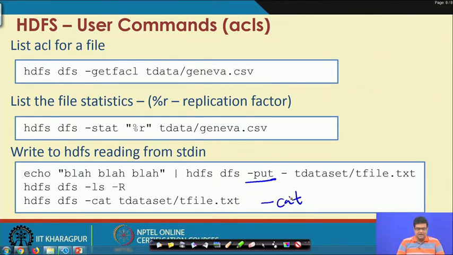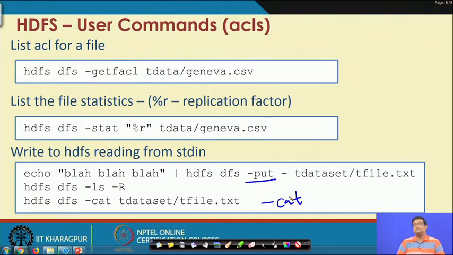These commands are useful for streaming data. -put allows you to stream data from the stdin directly to the distributed file system without writing it to a local file system.